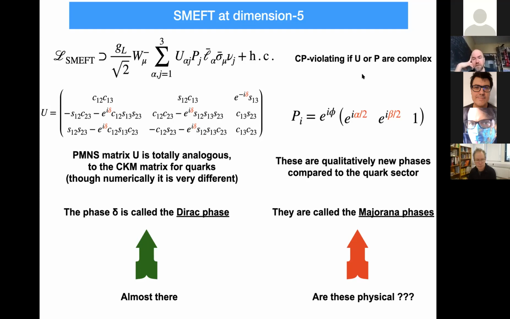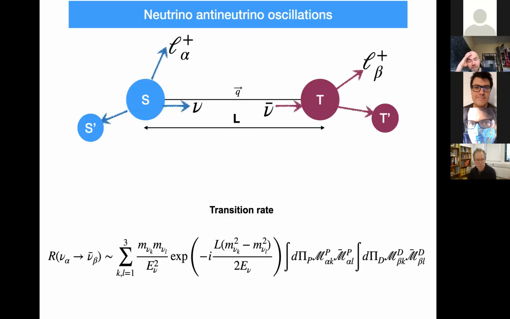Are they even physical? So the answer to this question is no and yes. In principle, the Majorana phases are physical, and they can be observed in another oscillation process, which is neutrino-antineutrino oscillations.